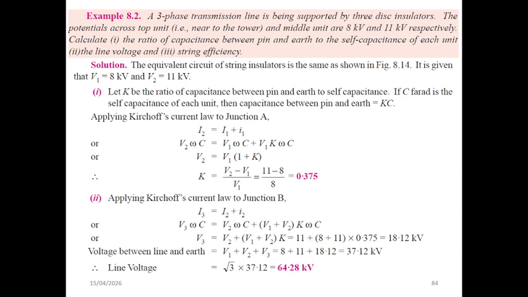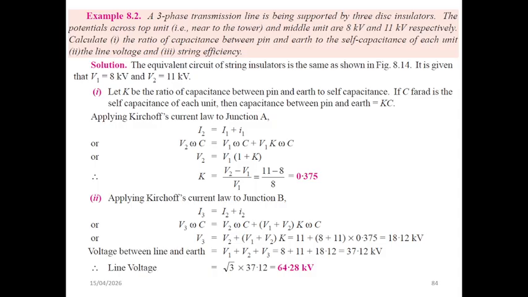Substituting the known values, we can find V3 is equal to 18.12 kilovolt. Summing the voltages across all three units gives the total phase voltage to earth, V equal to V1 plus V2 plus V3. Finally, we have this value for V, and since this is a three-phase system, the line voltage will be equal to 64.28 kilovolts.